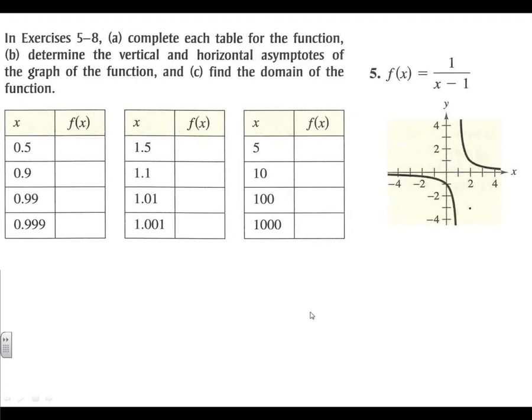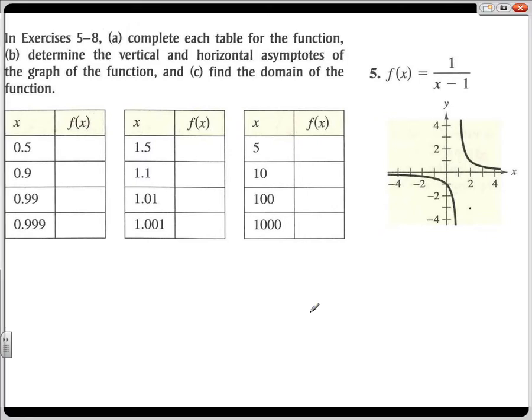Okay, so for part A, it says complete each table for the function using our formula. So we'll start with that. So we plug in 0.5. 1 over 0.5 minus 1. We got 1 over negative 0.5, so that's negative 2. Then 1 over 0.9 minus 1 equals 1 over negative 0.1, which is negative 10.